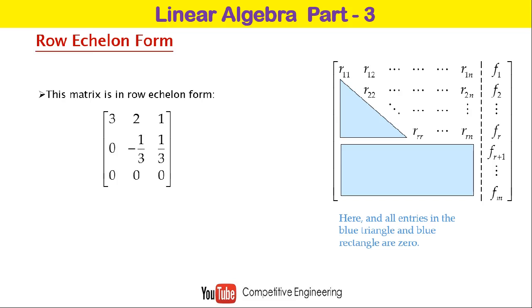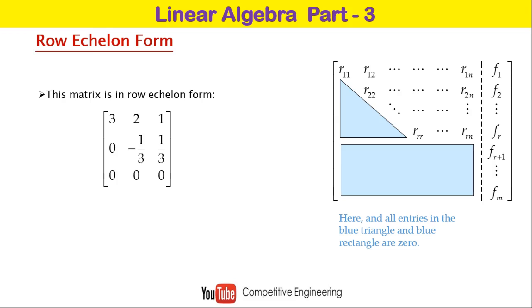So how will we convert a matrix into row echelon form? We will be given a matrix, and we will do row operations. We will explain the row operations in the next slide, and we will do row operations and convert the matrix into this form. After converting to this form, we have to count how many non-zero rows there are. In this case, the first row is 3 2 1, a non-zero row.